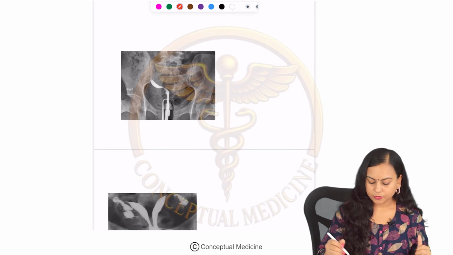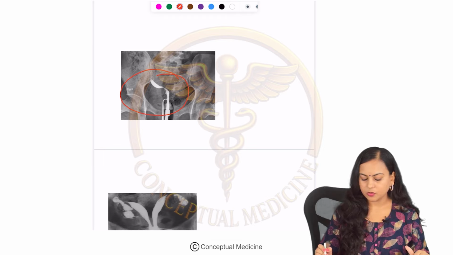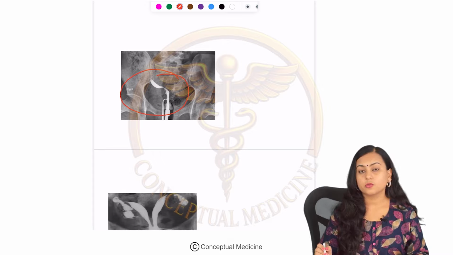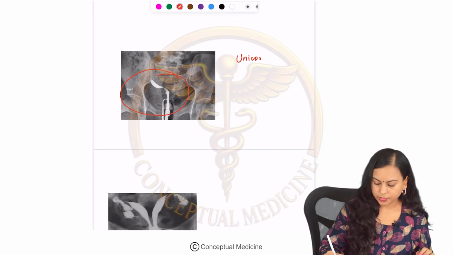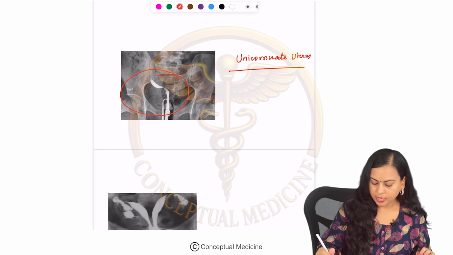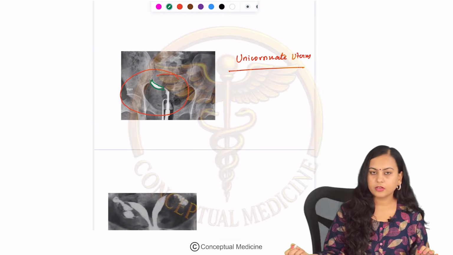Now, let's see all the abnormalities in HSG images. So, this is an image where you are able to see only one horn of the uterus being present. So, what is this going to be? Very good, it is going to be a unicornuate uterus. Here you see a deviated, banana shaped cavity, right?